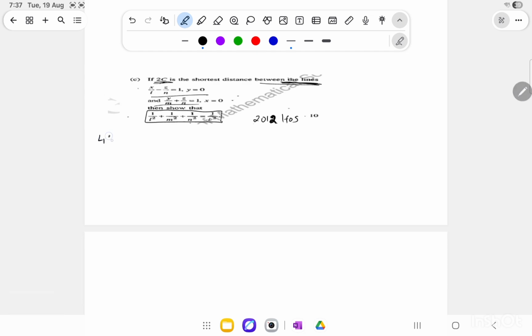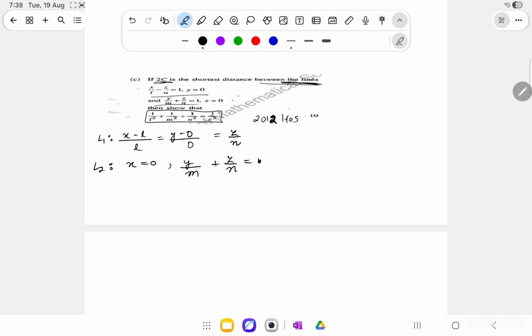My line L1 is (x − l)/l = (y − 0)/0 = z/n, and my line L2 is x = 0, y/m + z/n = 1.